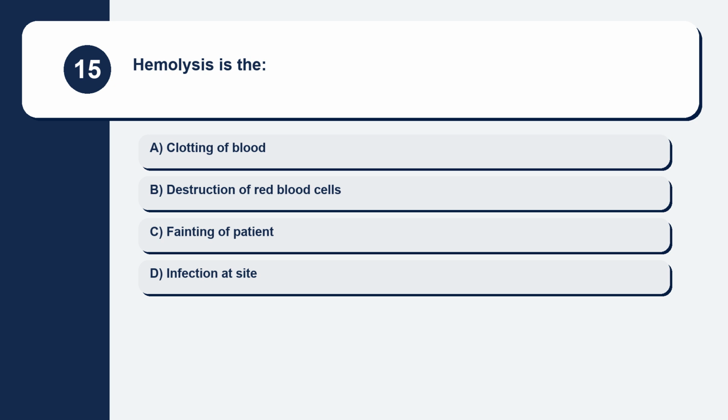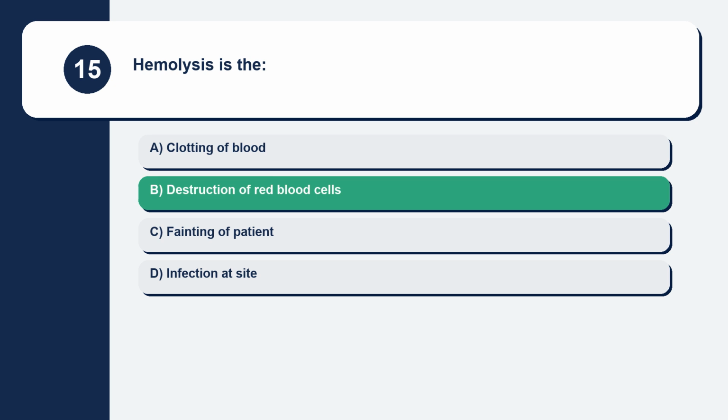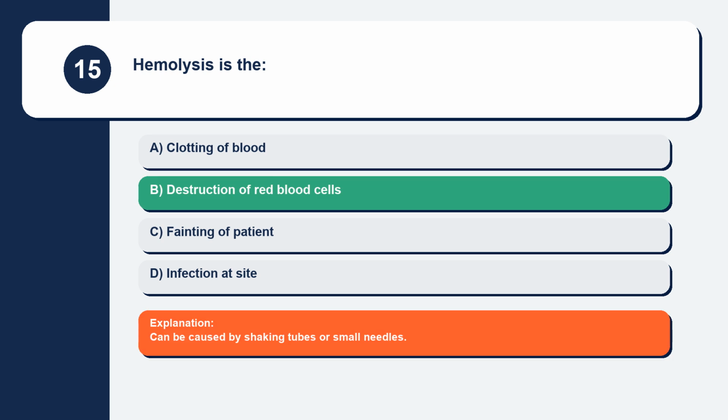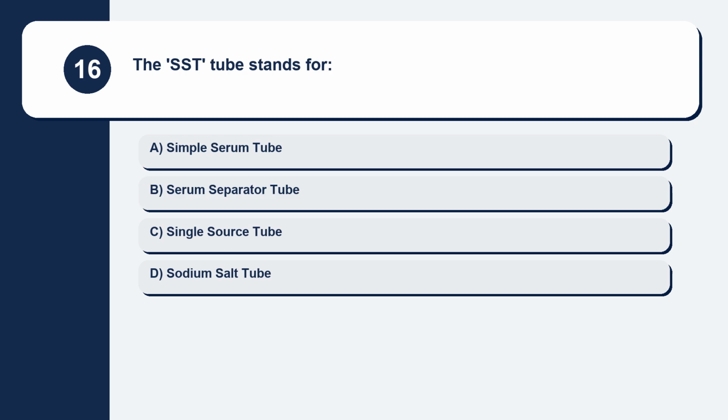Question 15. Hemolysis is: the clotting of blood, destruction of red blood cells, fainting of patient, infection at site. Can be caused by shaking tubes or small needles. Question 16. The SST tube stands for: simple serum tube, serum separator tube, single source tube, sodium salt tube.